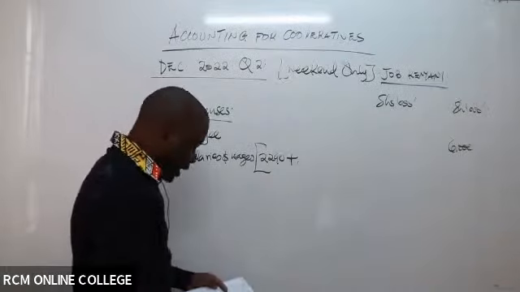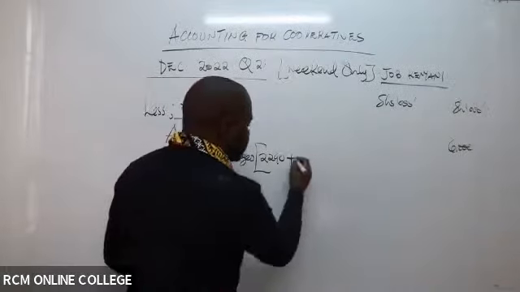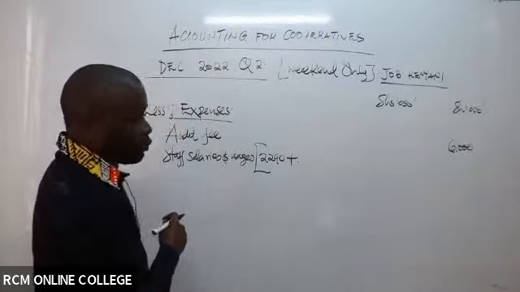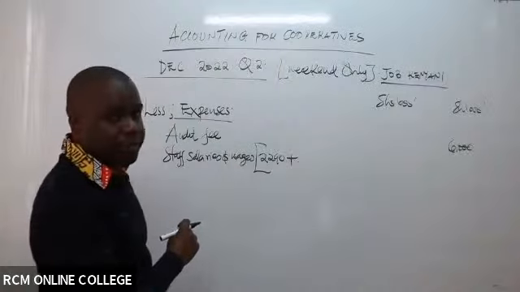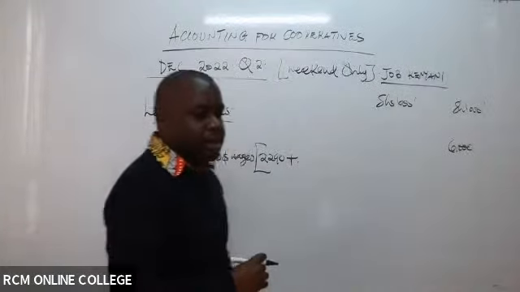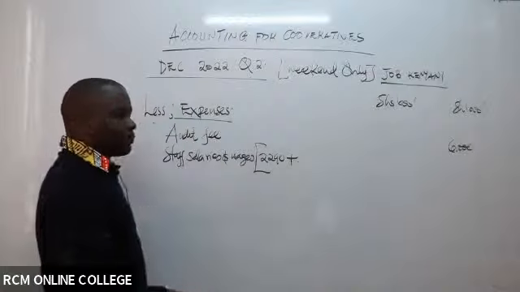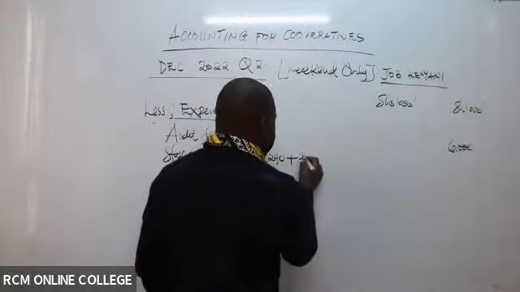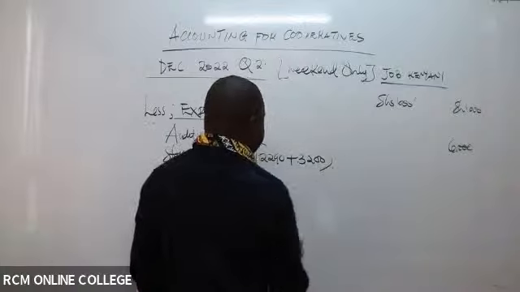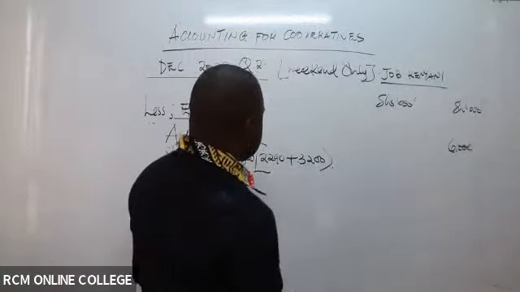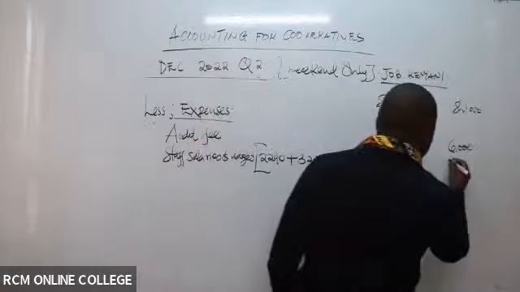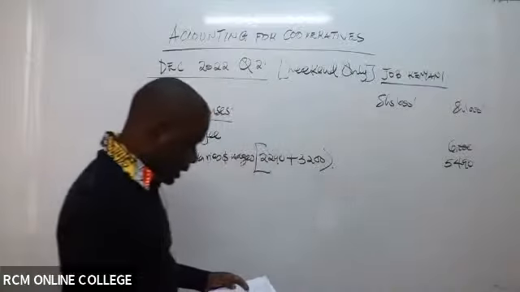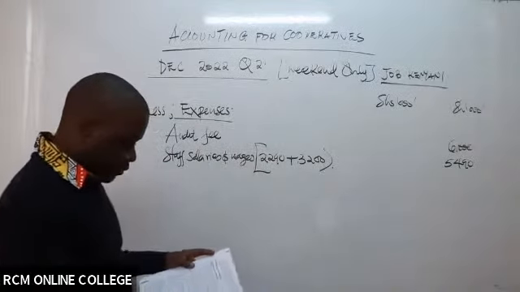So as per that note, we add 3,200. If you add 3,200, I think you'll get 5490. So we are done with that additional info.